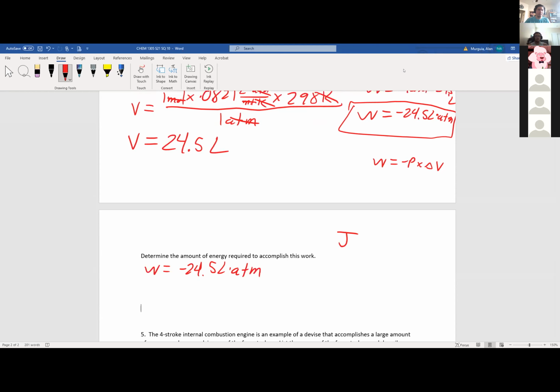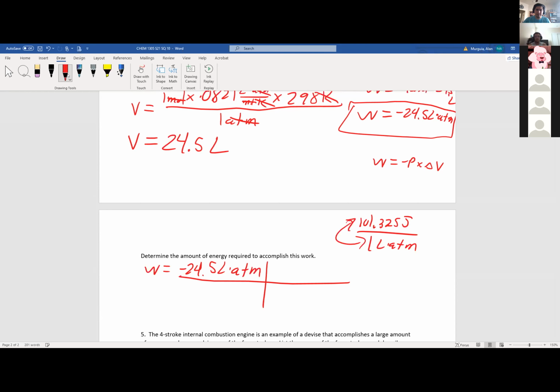Perfect. We would multiply by 101.325. And remember, it's because of the conversion. So for every, let me clean this up real quick right here. Remember your conversion factor, where for every 101.325 joules, there's 1 liter atmosphere. So if these two equal each other, then we can convert between the two.